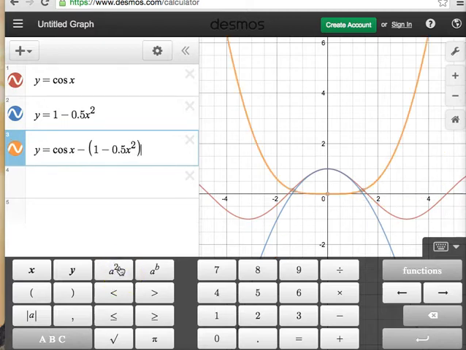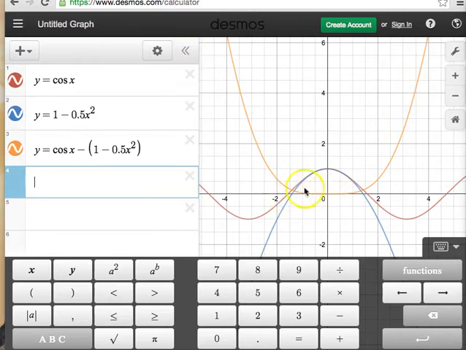Now, we can see that's the yellow curve, and you can see here that this curve, cos x minus 1 minus a half x squared, is always greater than or equal to 0. Therefore, we've got a minimum there. So this function here is always greater than or equal to 0, because its y values are always sitting above the x-axis, or we've always got positive y values.